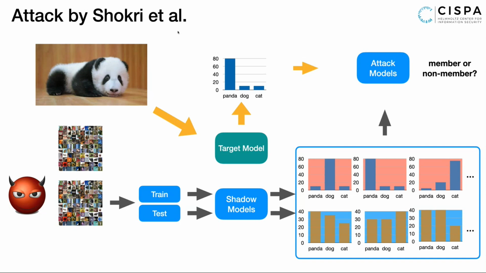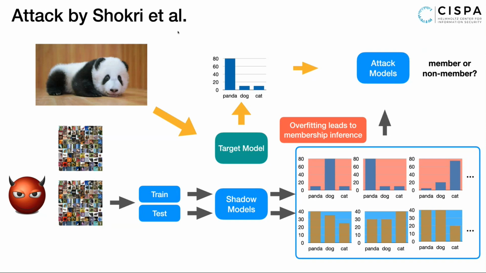Another thing I want to emphasize: the reason you can use shadow models to generate a data set is because the shadow model is established by you, and you know which are the members and non-members for the shadow model.